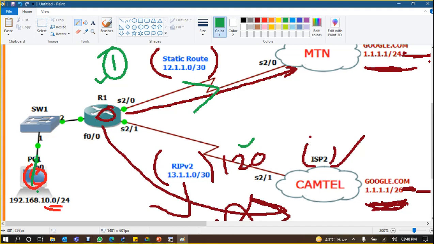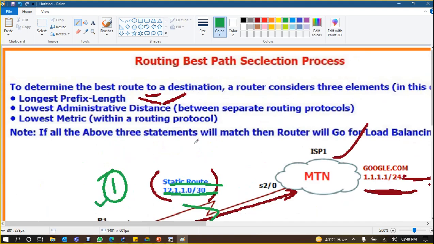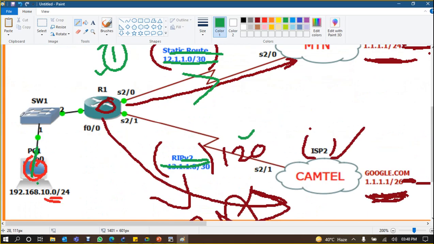Now, if both are using the same, static here and RIP here, then it will go to the third condition. The third condition is metric calculation. Means, what is the distance from here to here? Is it 1 kilometer? Here, is it 1 kilometer or 2 kilometers? I'm just giving an example in kilometers, but they check in hop count.